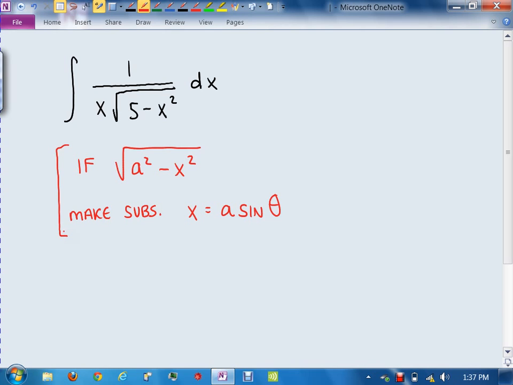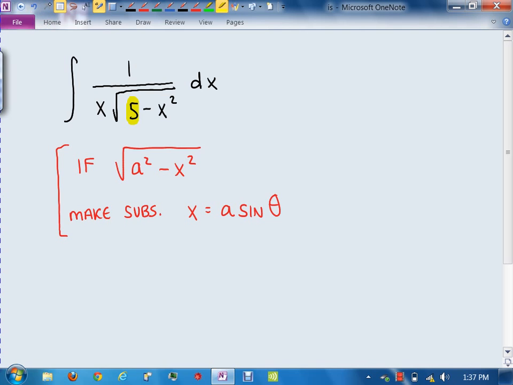Question that I have to start with for you is, what's a? It's the square root of 5, right? Because the 5 here is a squared. So a has to be the square root of that, which is the square root of 5. So be careful with that.